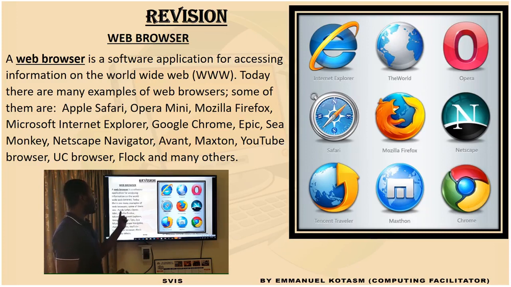Some of them are Apple Safari, Opera Mini, Mozilla Firefox, Microsoft Internet Explorer, Google Chrome, Epic, SeaMonkey, Netscape Navigator, Avant, Mastodon, YouTube Browser, UC Browser, Flock, and many others. You can go ahead and mention the rest that you know.